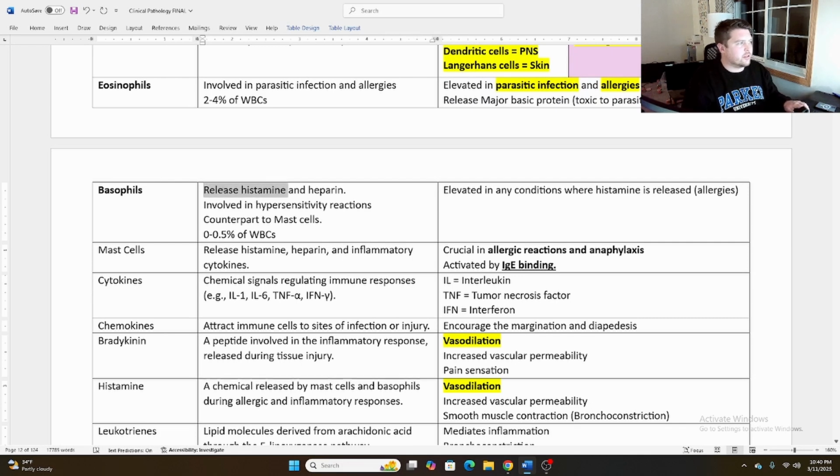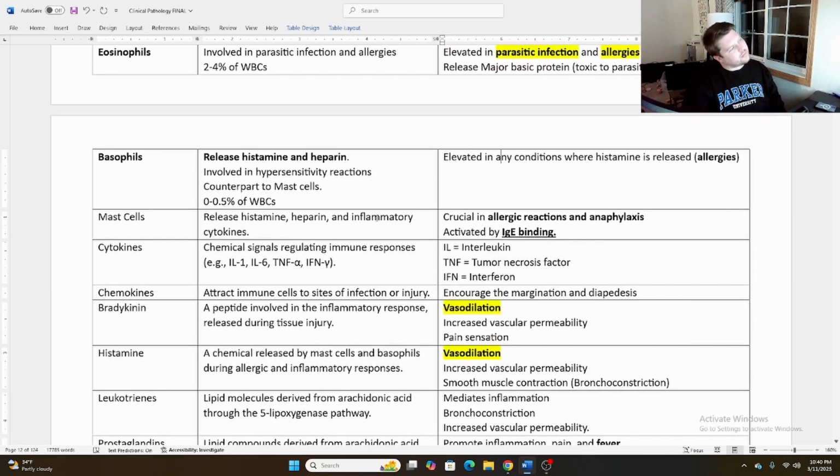The only other thing that we can mention is they release histamine and heparin, so they're also involved in allergies, but very rarely do we get asked about basophils. Mast cells, these are also involved in our allergic reactions and anaphylaxis. They're activated by IgE binding.